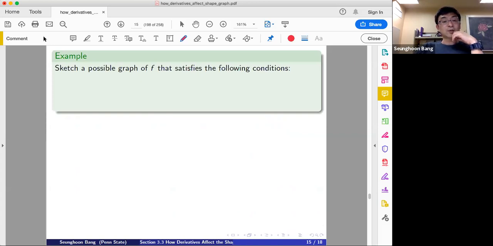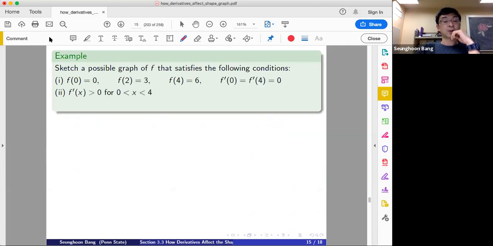Sketch a possible graph of f that satisfies the following conditions. f of 0 equals 0, f of 2 equals 3, f of 4 equals 6, f prime of 0 equals 0, f prime of 4 equals 0. f prime of x is positive for x between 0 and 4. f prime of x is less than 0 for x less than 0 and x greater than 4.